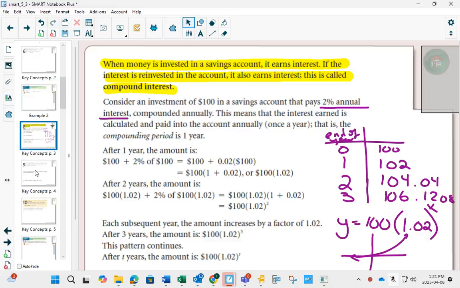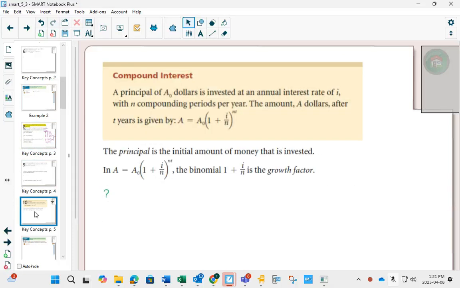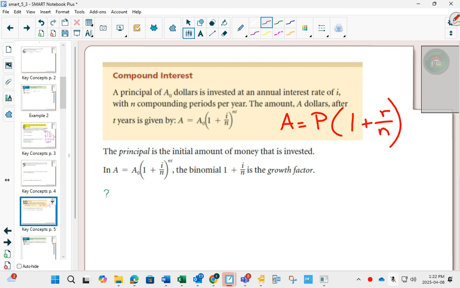So they've given us a formula for this. Let's see where it is. Yeah. And this formula often shows up on exams. Often they have P instead of A0. Sometimes they have R instead of I for interest rate. N is the number of compounding periods, and T is the time in years.